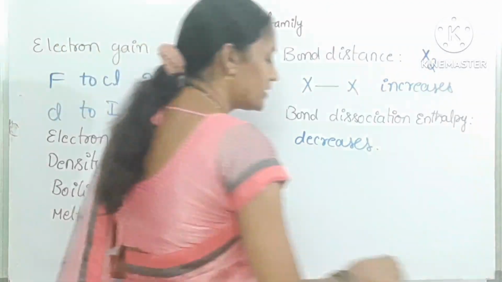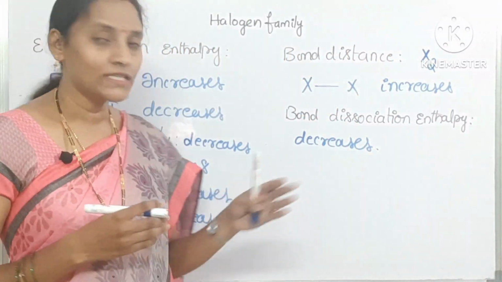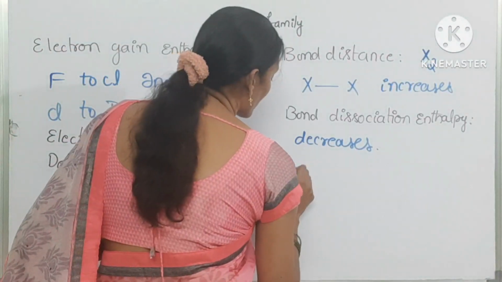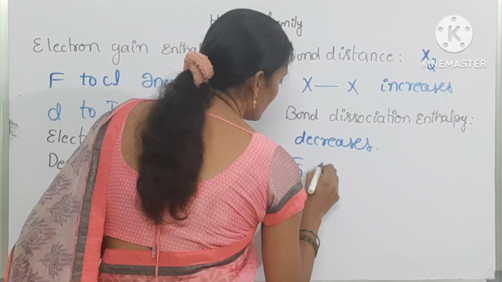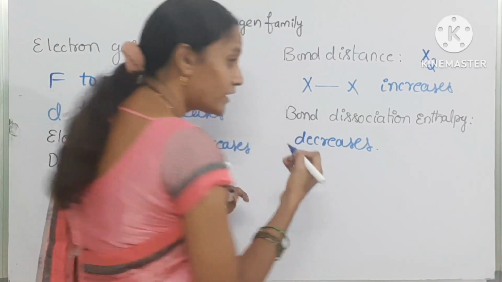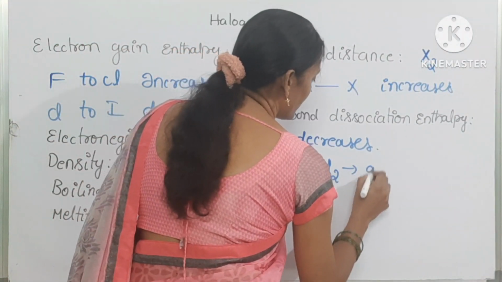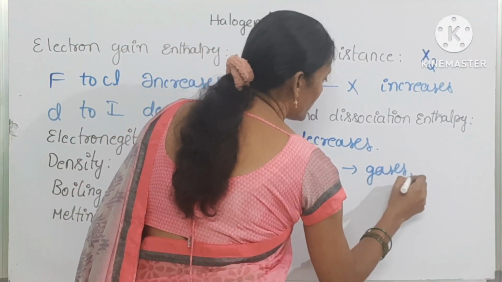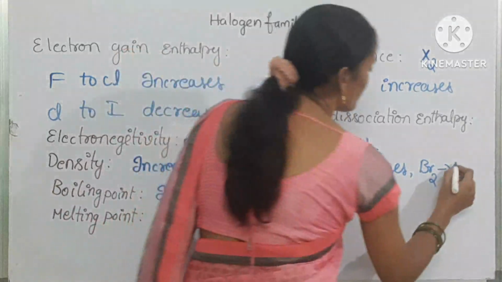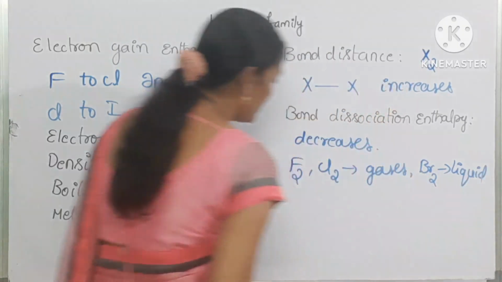Then coming to the next one, physical state. If you see, fluorine and chlorine are gases. Bromine is a liquid.